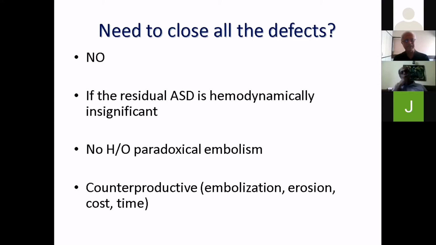But if there is no history and if the residual ASD is hemodynamically insignificant, you can just close the large fossa ovalis defect. As a matter of fact, trying to close these small defects can be counterproductive because of fear of embolization, problems of erosion, apart from the fact that it will cost you more, both in terms of money and time.